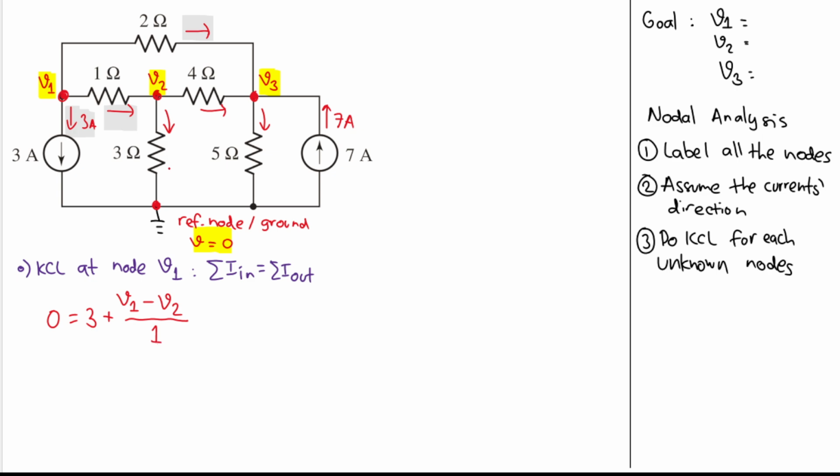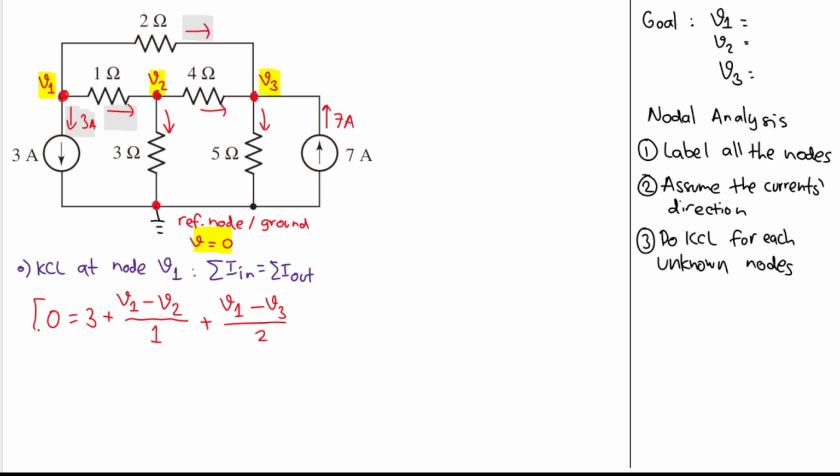Then another current going out is this one here. We have V1, since the current comes from V1, and then the current goes to V3, same as before. Then we need to divide by the resistance between them to get the current. Good.